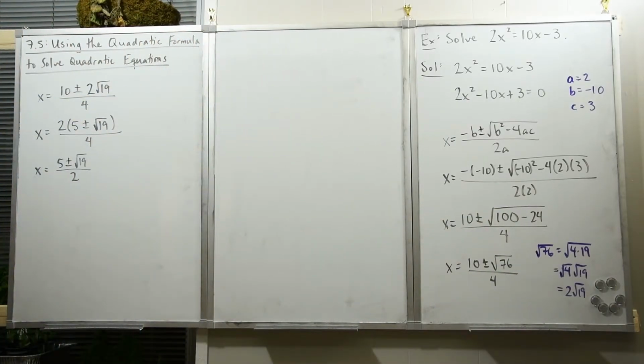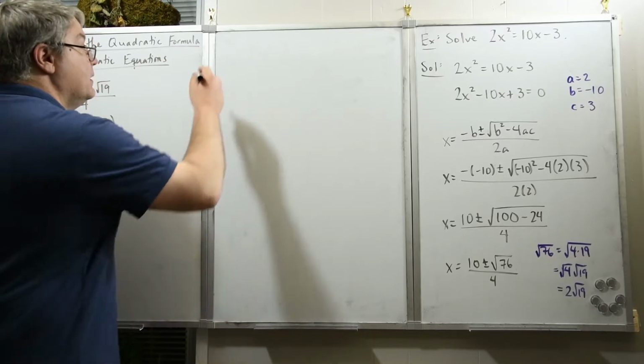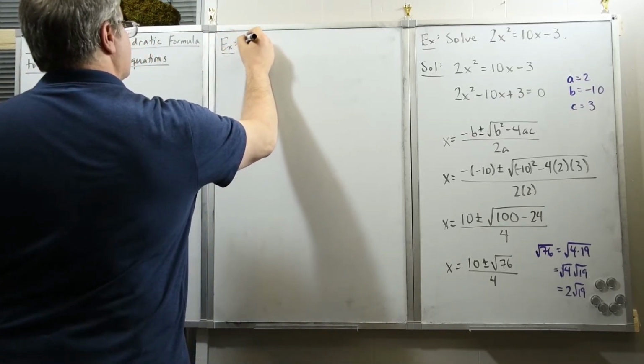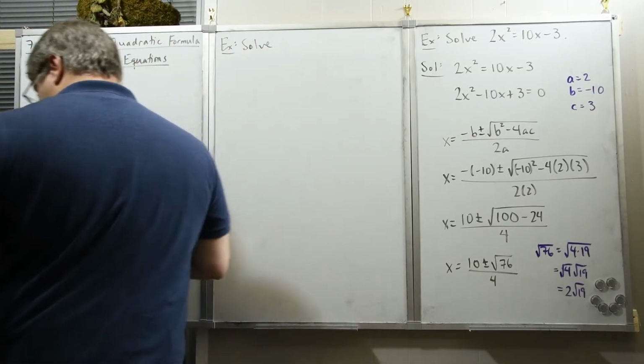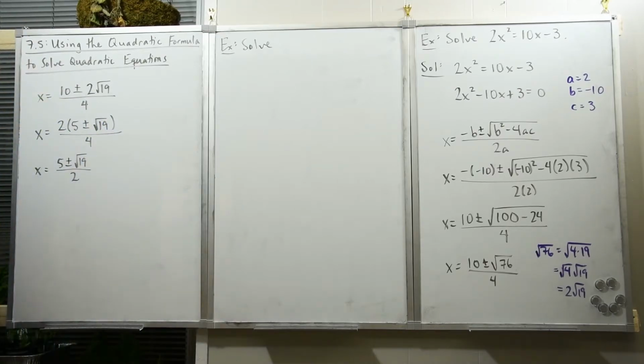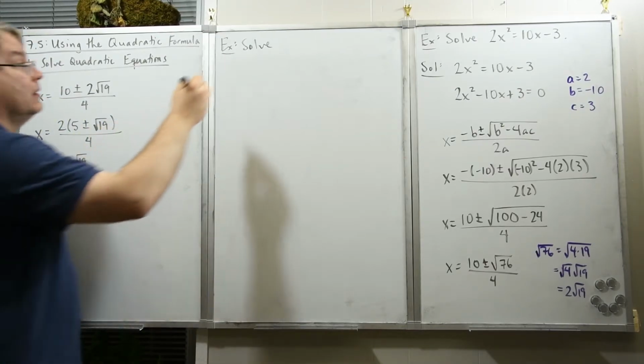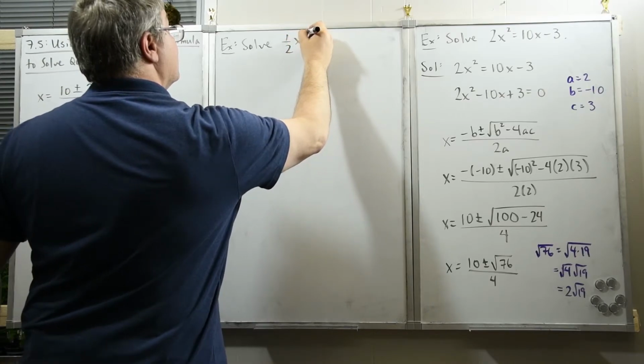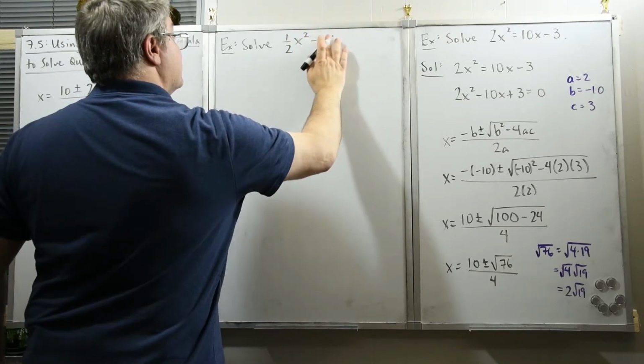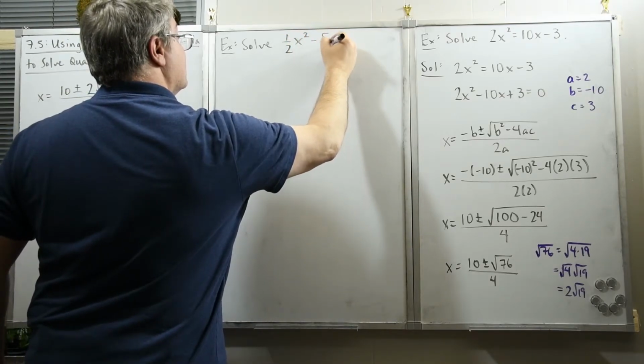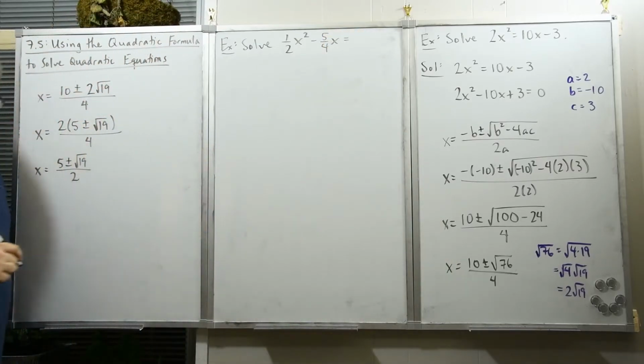Now let's take a look at the next example here. So we're going to solve a half x squared minus 5/4 x is equal to 3 halves.